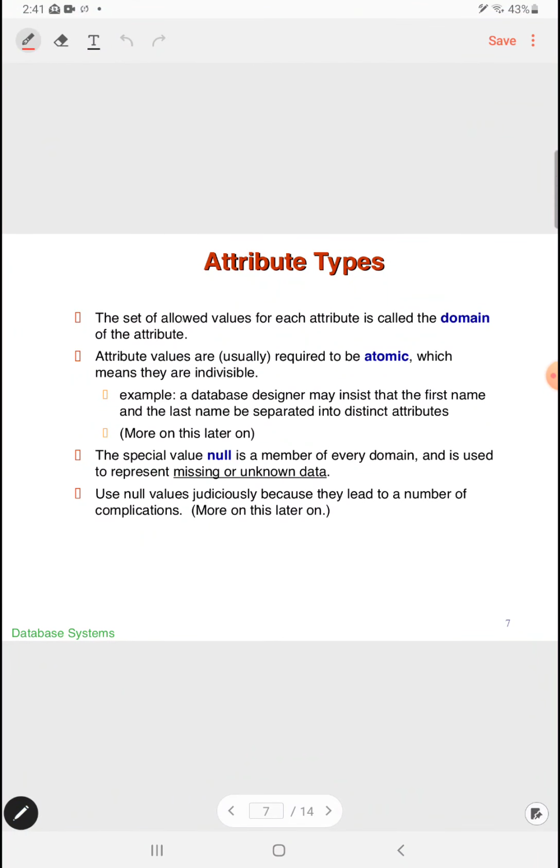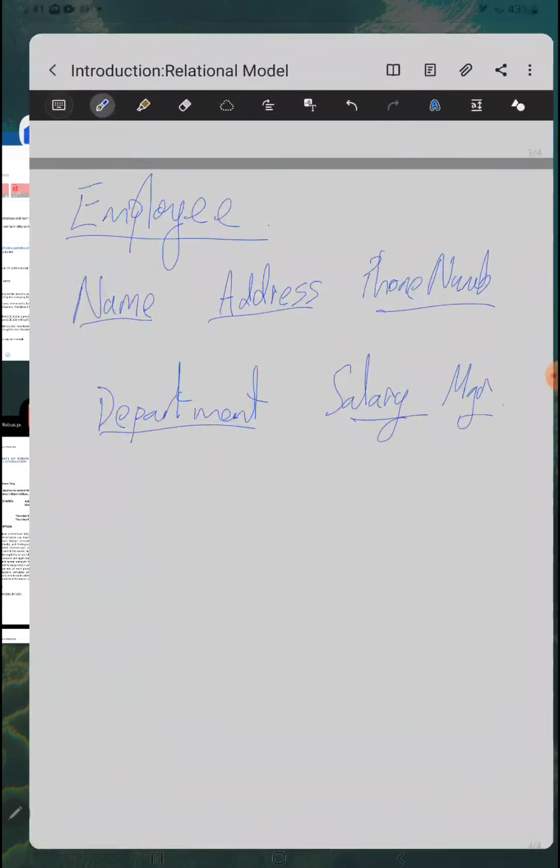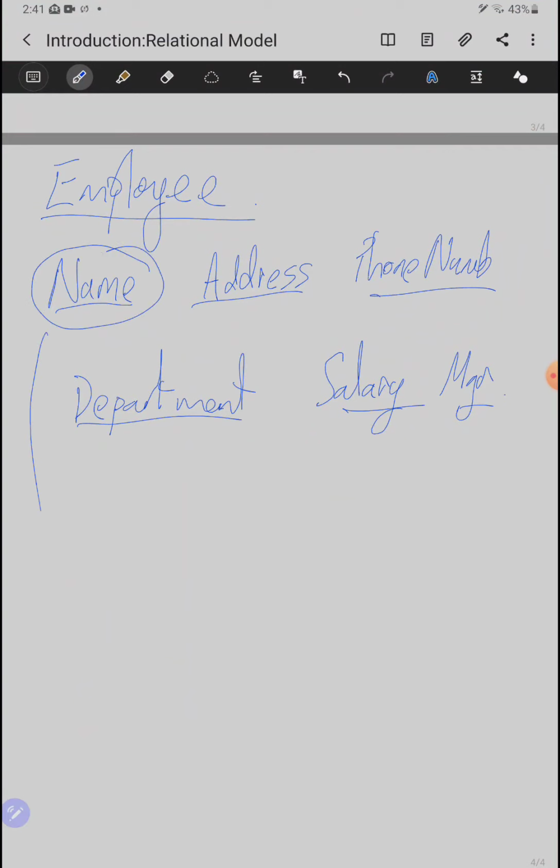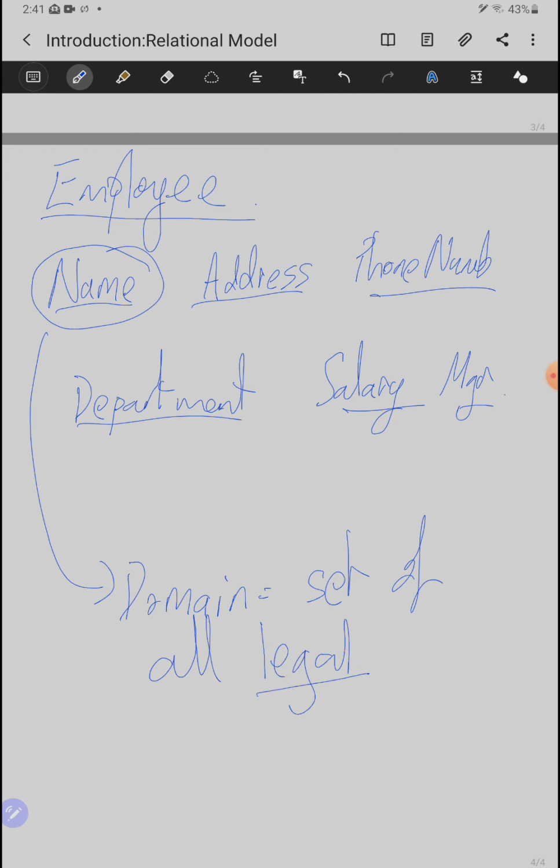When we say the set of allowed values for each attribute is the domain of the attribute, so if we look at name, the domain for name is the set of all, I'm going to say legal, not in a law sense of the word, legal names in the sense of whatever you consider to be a legal name within your database.